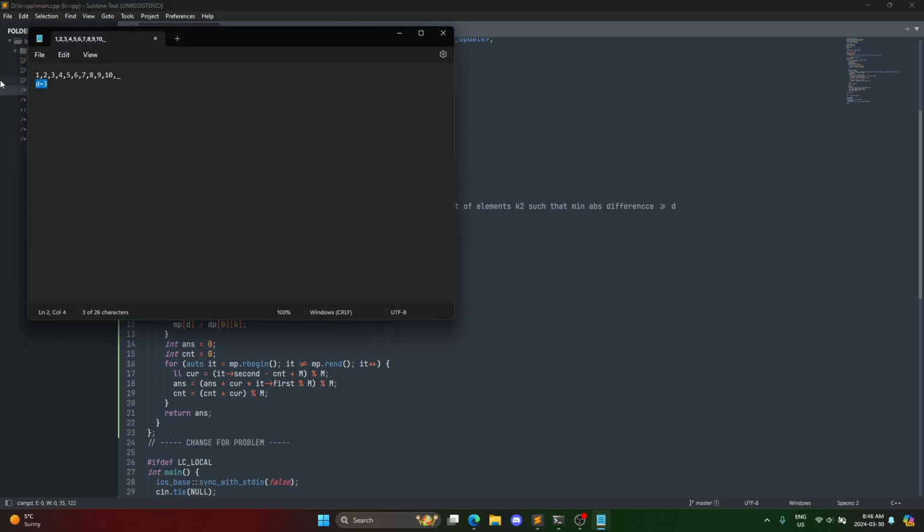And now the other vital part is that if I include a subsequence like 1, 5, 9, right? What my DP actually does is it counts 5 and 9 for D equals 4, right? But then we have D equals 1, and it also counts 5 and 9.